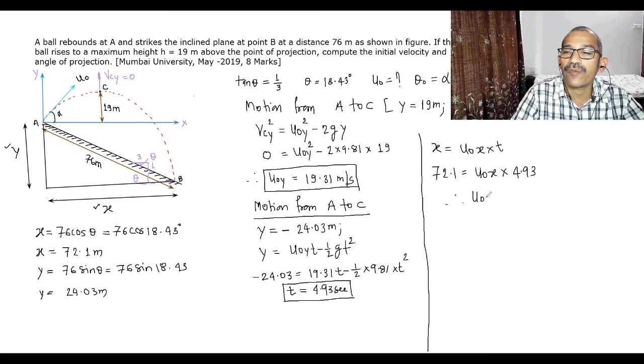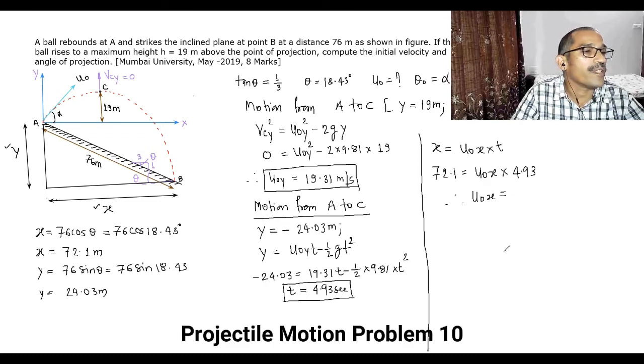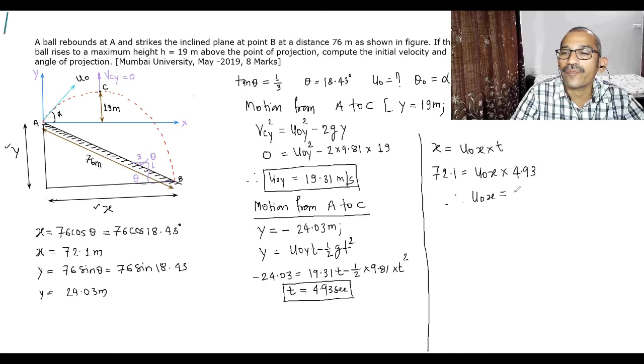Using a calculator, we will find this u0x value, and u0x comes out to be 14.62 meters per second.